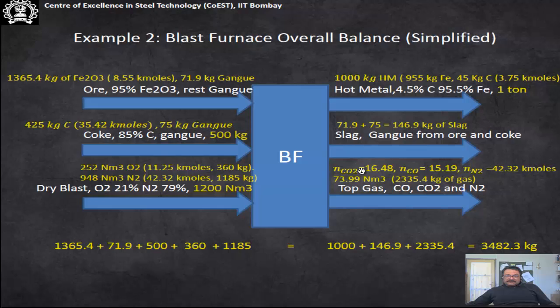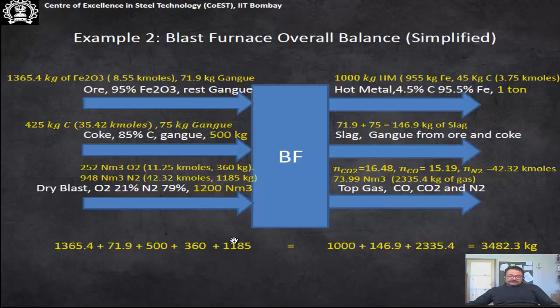So from this, these moles can all be converted into kilograms by multiplying with the corresponding atomic weight. So once you do that, the input as well as the output has to get balanced.